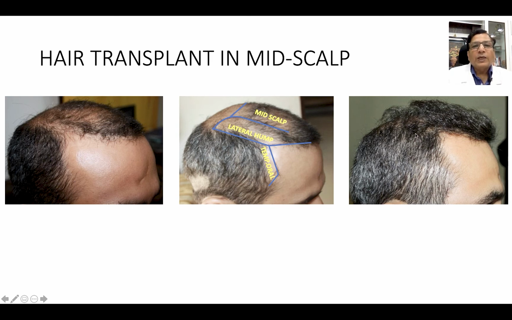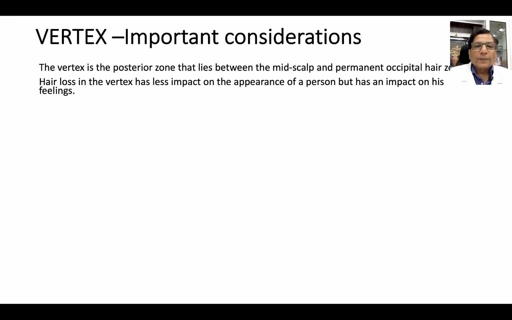Now we come to the vertex. In tutorial 2, we did the anterior frontal zone, and just now we did the mid-scalp. Now we are going to the vertex. The vertex is the posterior zone that lies between the mid-scalp and the permanent occipital hair zone.